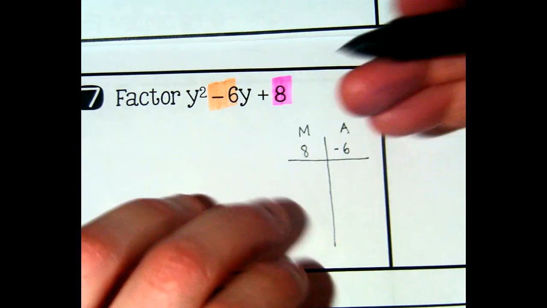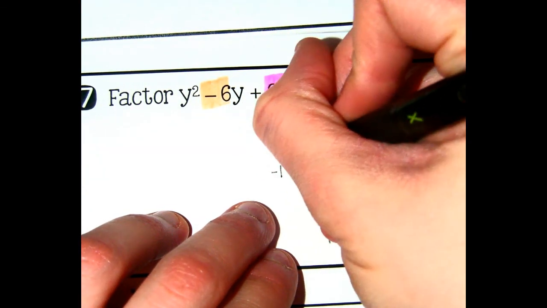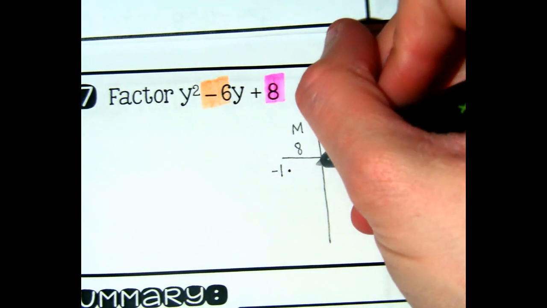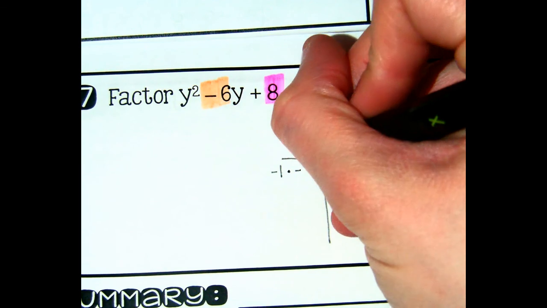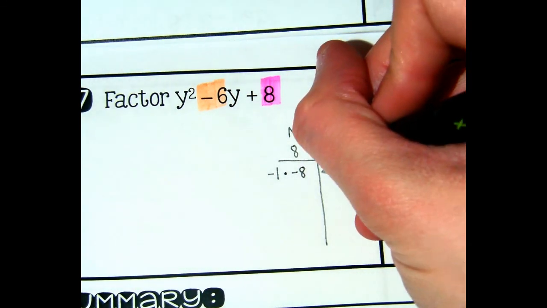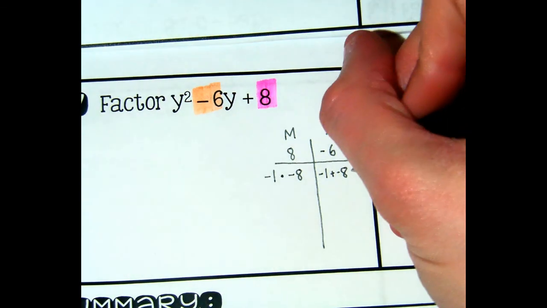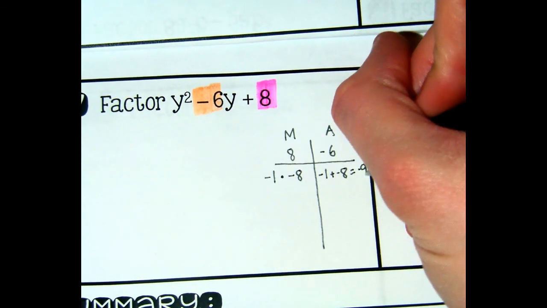We're going to start with negative 1. Negative 1 times what is positive 8? Negative 8. What is negative 1 plus negative 8? Negative 9. That does not work.